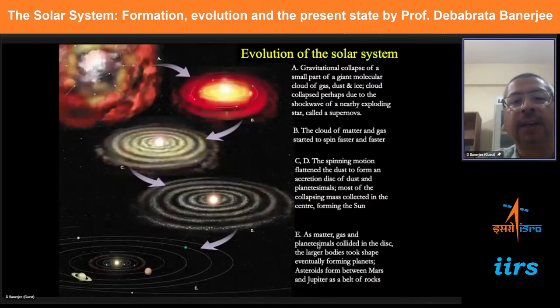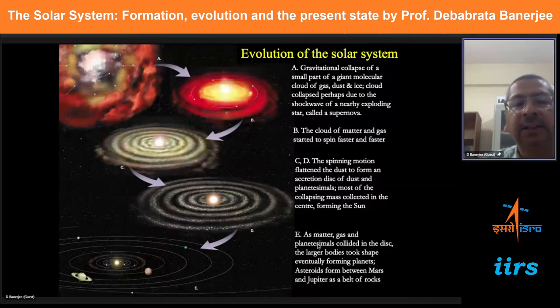So once again, you have a small region of a giant molecular cloud which is collapsing, and it is surmised that this may be due to the shock wave of a nearby exploding star, which is a supernova. Then the spinning motion flattened the disk, and so you have this accretion disk of dust and planetesimals.